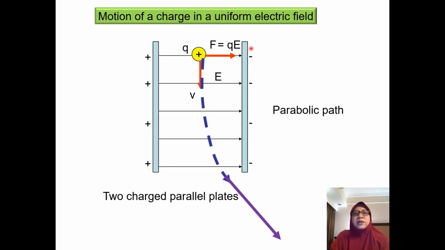Parabolic only within the plate area, from here to here. After the plate, it will go in a straight line path because of the inertia of the charge. The direction is tangent to the curve of the parabola where it ends here.